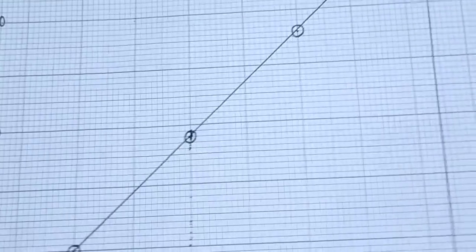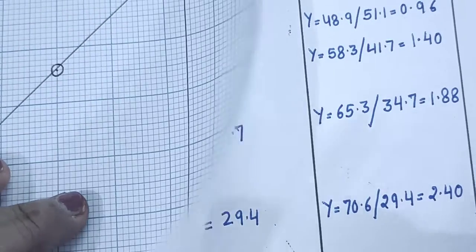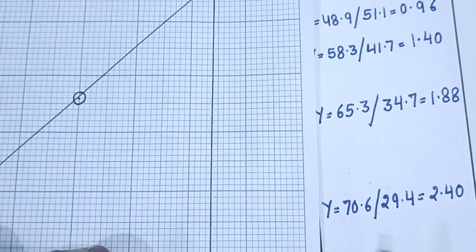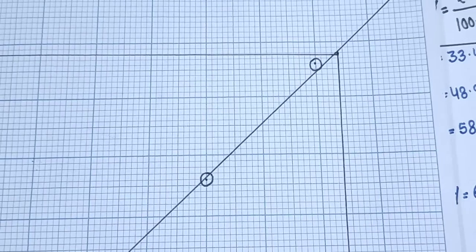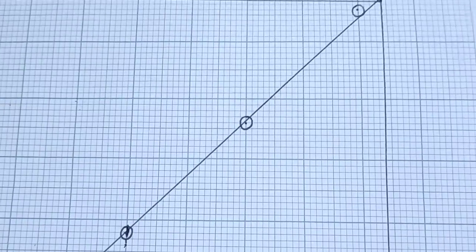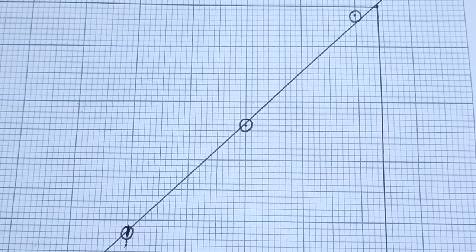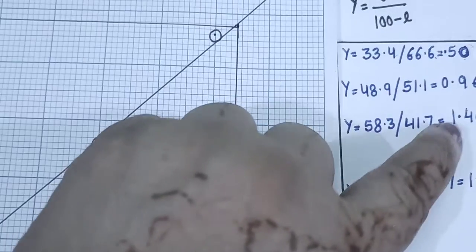Then similarly, if I have to plot 1.88, accordingly, as I told you the technique, I calculated for 3 ohm. Just look at it. No, for 3 ohm it is 1.40.